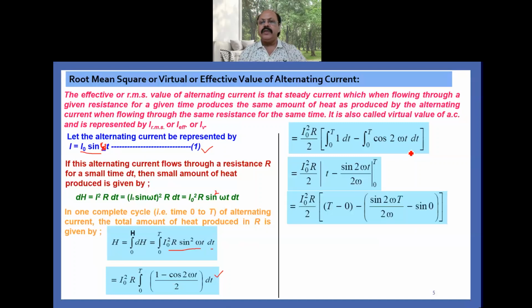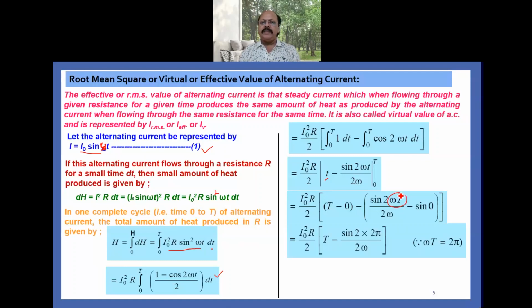Then you substitute the upper limit minus lower limit. So it comes I naught square R by 2, and in place of this small t, which is variable, we put the limits: capital T minus 0, minus within the bracket sine 2 omega t upon 2 omega minus sine 0. And now in place of omega t, we write 2 pi.